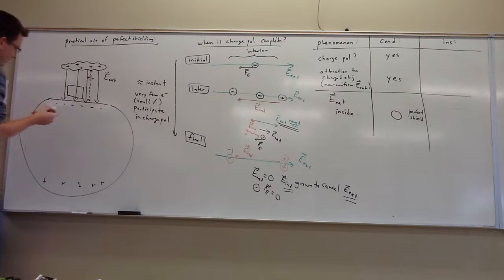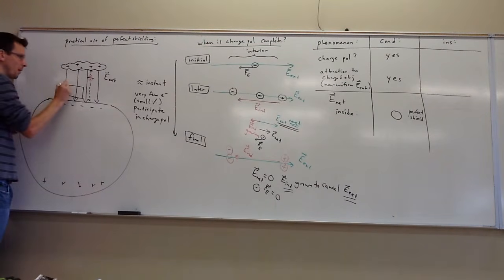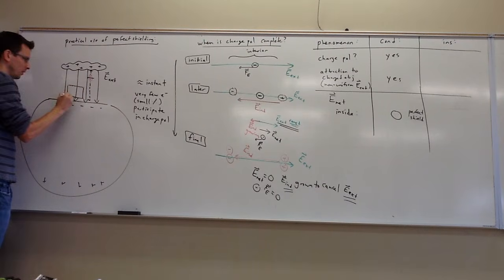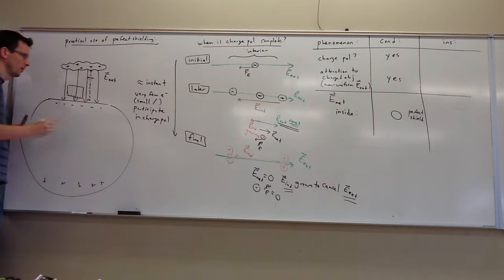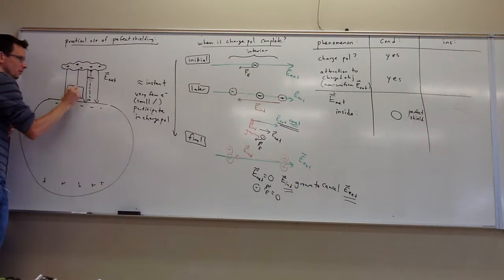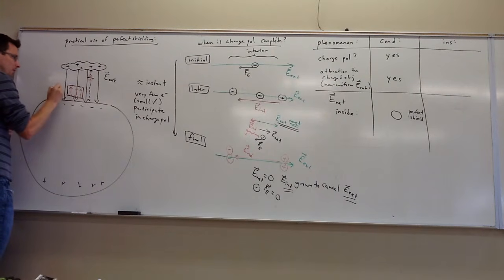So what happens is, if you're in a very strong external field, there will be a pileup of electrons on the top. In this case, the electrons go upstream. And the positive charges, of course, are left behind. And so this creates an E-induced.